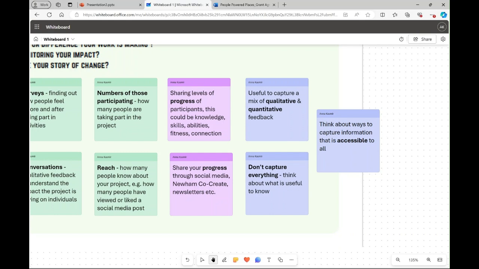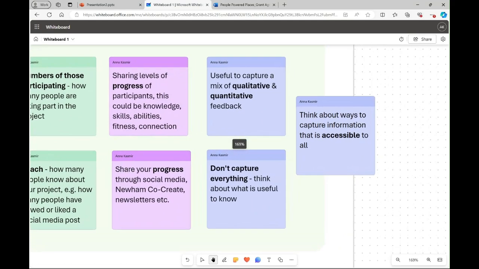Are they feeling that they're able to do more physical activities because of taking part in your project or sessions? And also thinking about ways to capture this information in an accessible way.